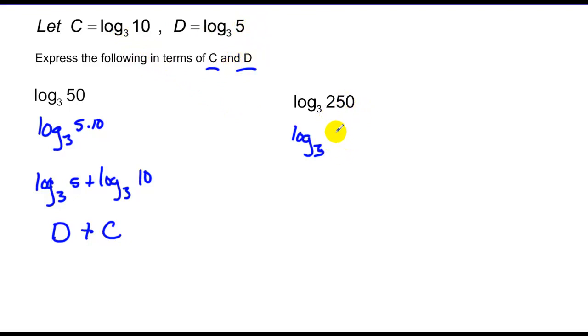But the problem is that's not in 5s and 10s, so I want to use those. So it's pretty easy to see 250 is 25 times 10, which is the log base 3. I like going powers, so I say 5 squared times 10. And then I'll split that apart. So I have the log base 3 of 5 squared plus the log base 3 of 10.